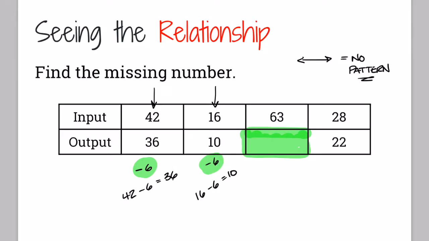Let's test this over here. 28 minus 6 equals 22. Look at me, I'm all backwards. We see that minus 6 show up again.